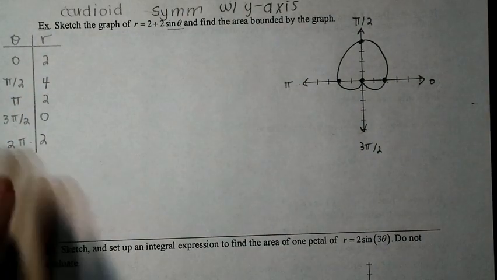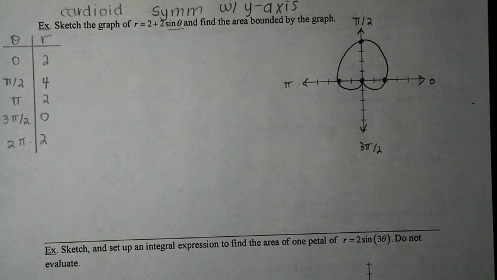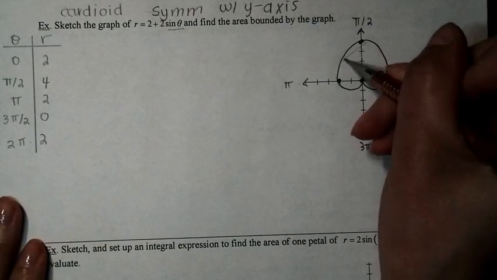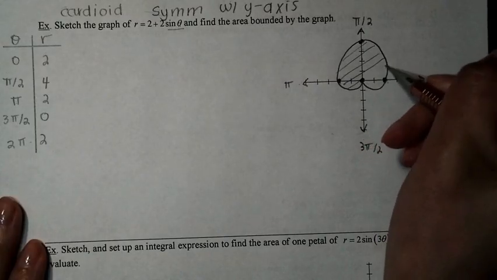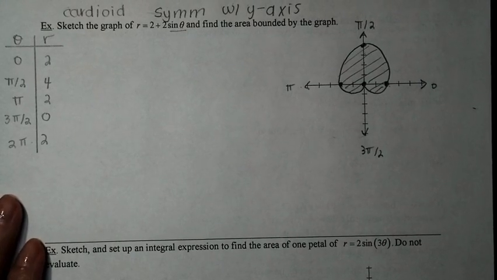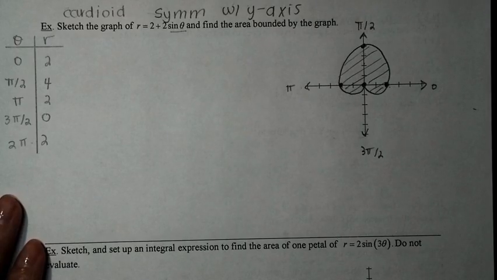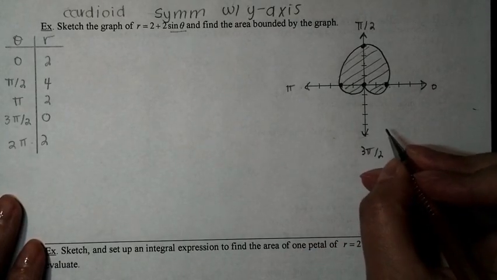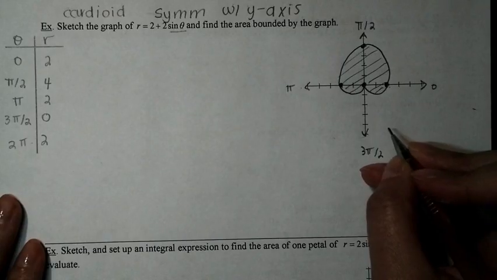Now, you're going to tell me, so I have this and they are asking for the entire area that we have here. How in the world are we going to find it? Well, here's the rule. For every cardioid and limacon without a loop, please note without a loop, you're going to use 0 and 2 pi as your limits of integration.